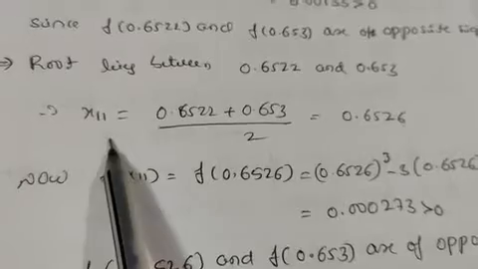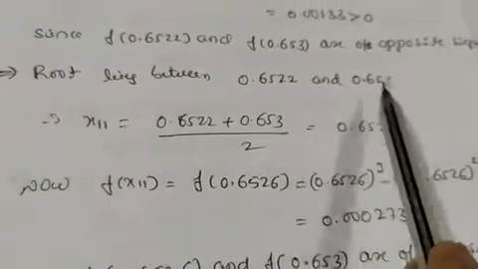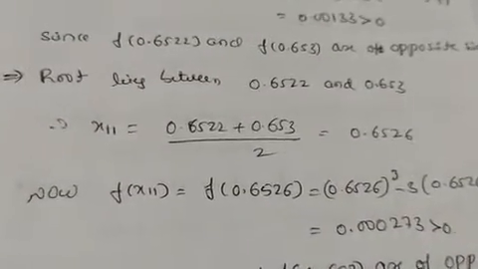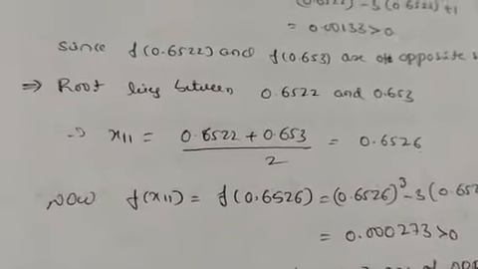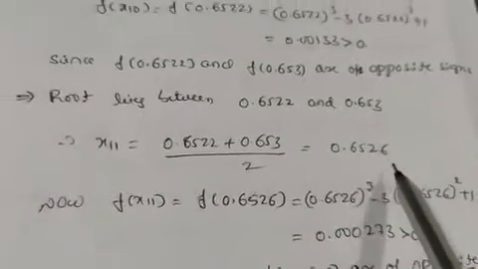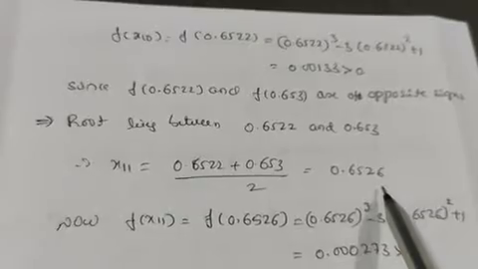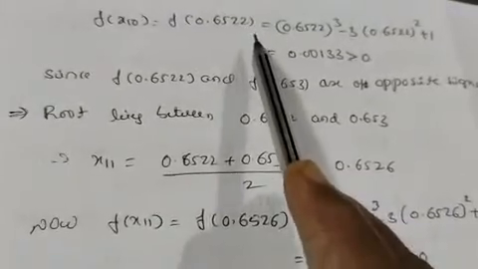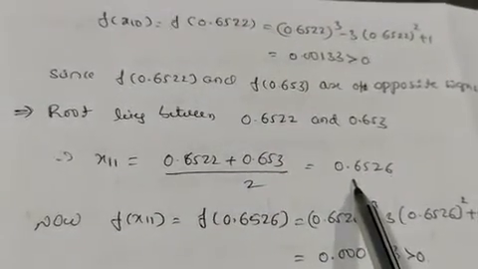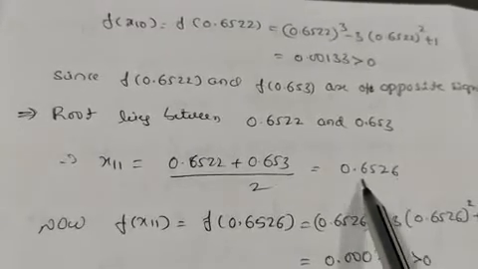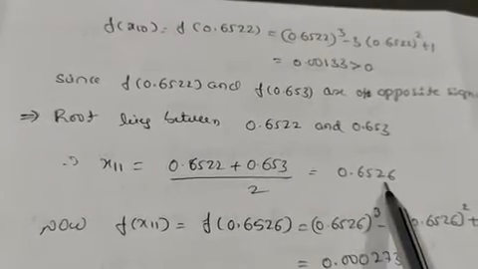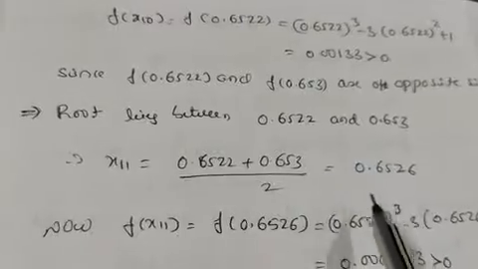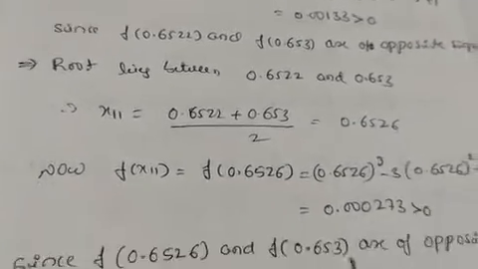So take x11 equals 0.6522 plus 0.653 divided by 2, which equals 0.6526. So x10 is 0.6522 and x11 is 0.6526. Here also the two values are nearly the same, 0.652.